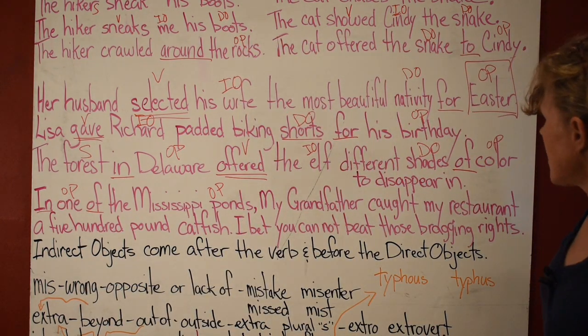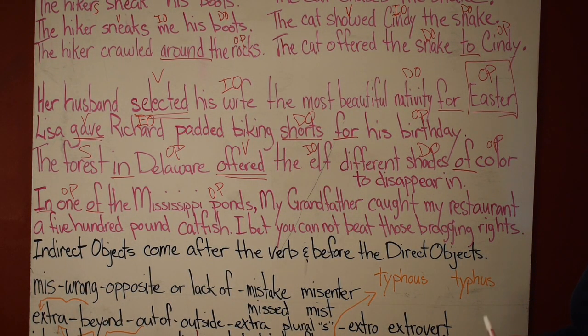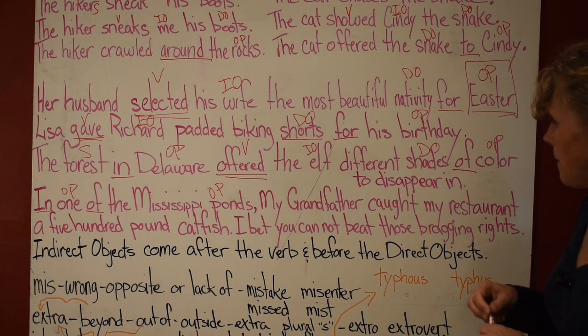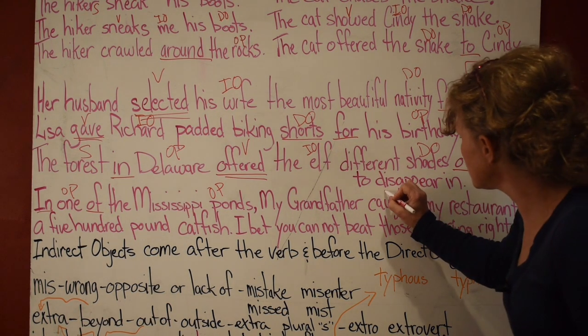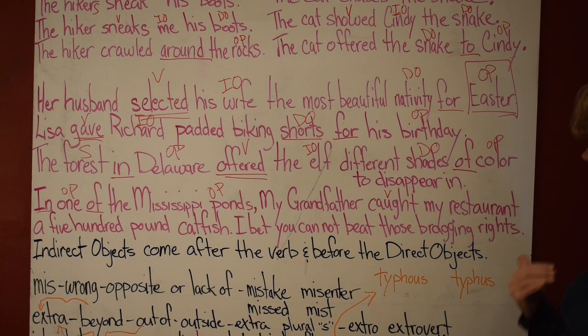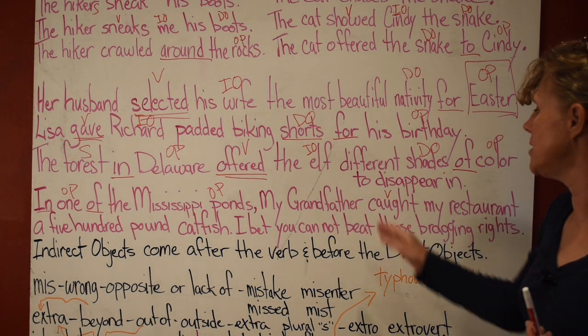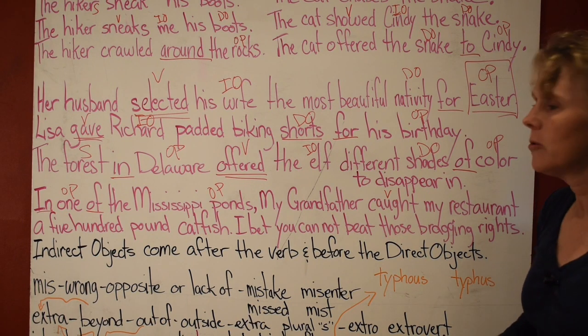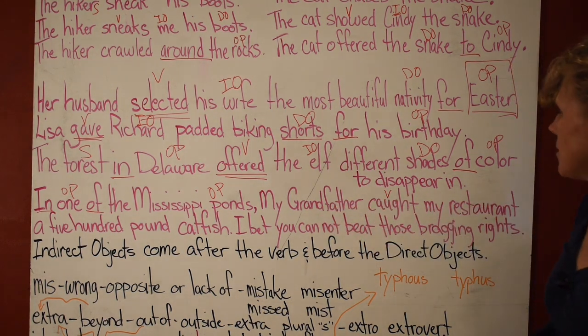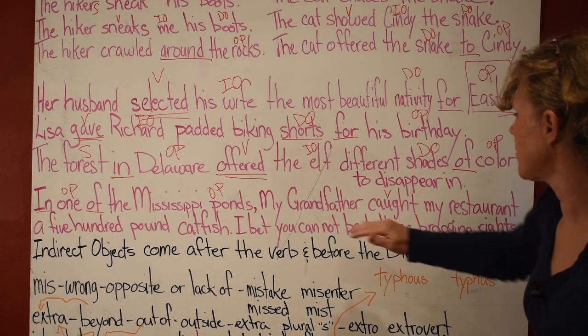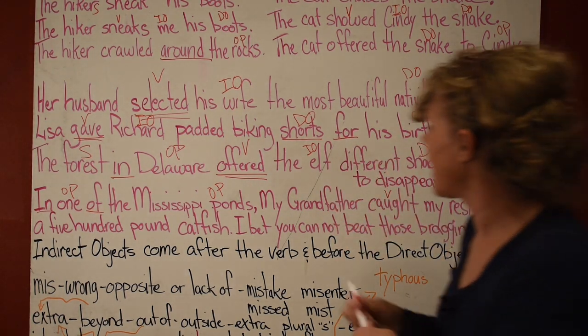Now, what's your verb in here? Caught. Nice. So there's your verb. So what's receiving the caught? The grandfather. No, the grandfather isn't receiving. He's doing the catching. Who did it is the grandfather. So what's being caught? The catfish is being caught.